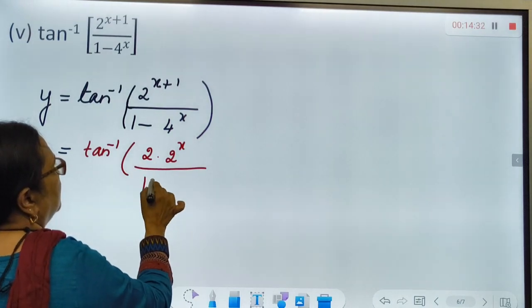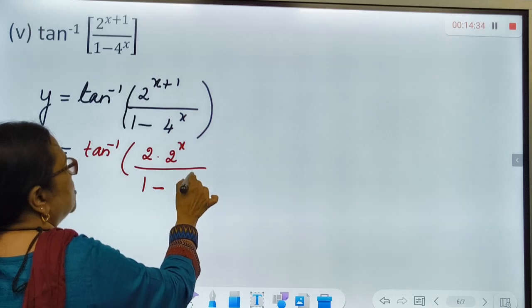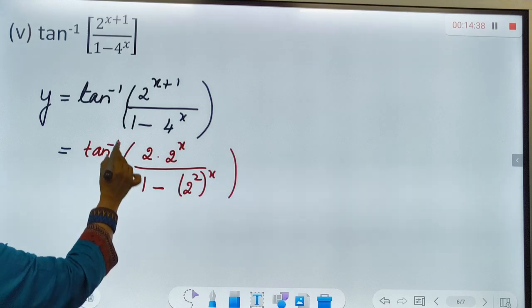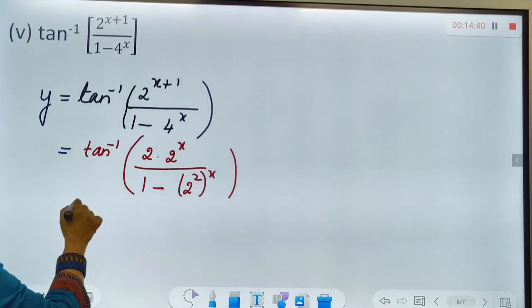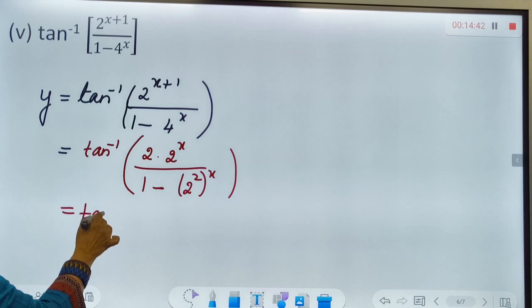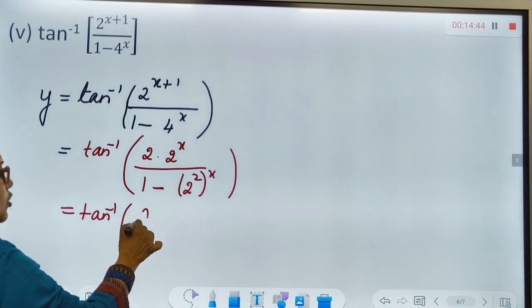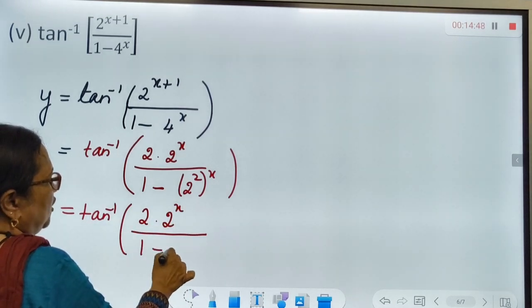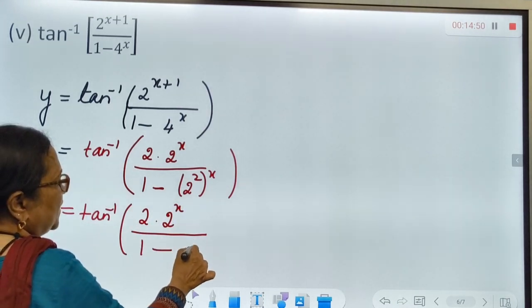Now 1 minus 4 power x I can write as 1 minus 2 square power x. Now this can be further simplified as tan inverse 2 into 2 power x by 1 minus, by property of exponents I can write this as 2 power x the whole square.